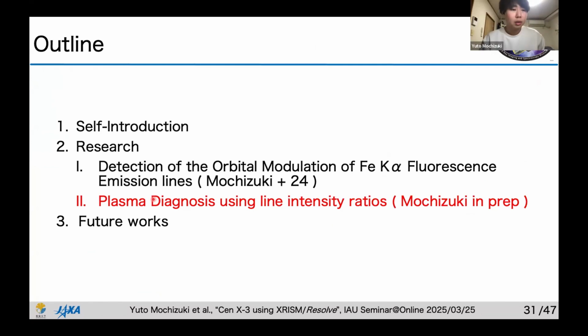Okay. I will talk about the second topic, plasma diagnosis using line intensity ratios. In this topic we focus on during eclipse, not out of eclipse, and use the line intensity ratios to estimate the plasma geometry and UV luminosities.